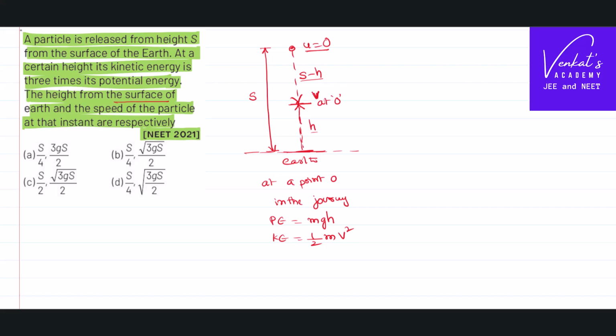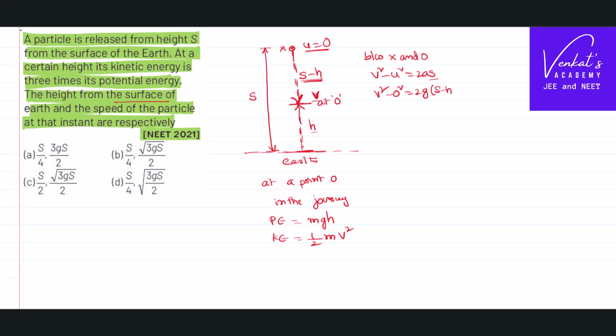So between the points x and O, I can write the formula v square minus u square equal to 2as. V square I have to find out. Dropped or released, so u square is 0. It's coming down, so 2g times s, the height from the top, because it has acquired velocity by falling from that height.